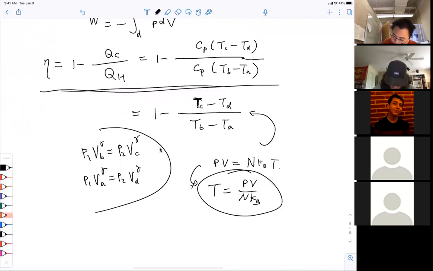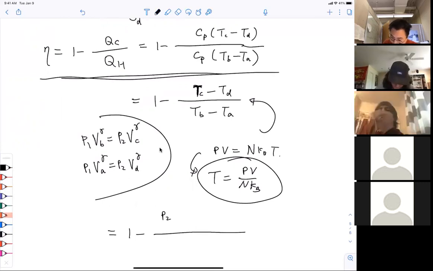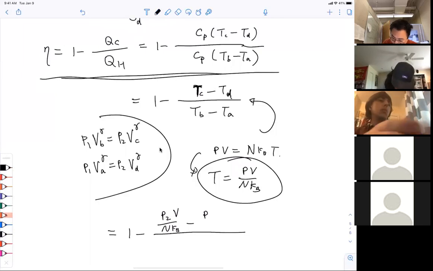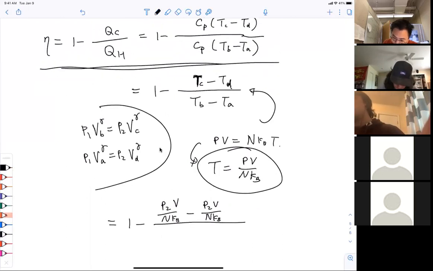We plug in: for TC it's P2 VC over NKB, and D is also P2. B point and A point correspond to P1.